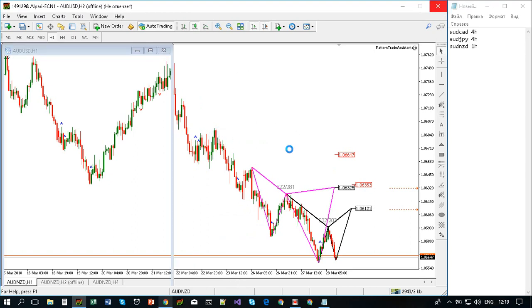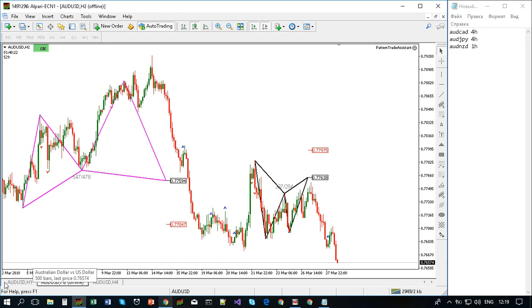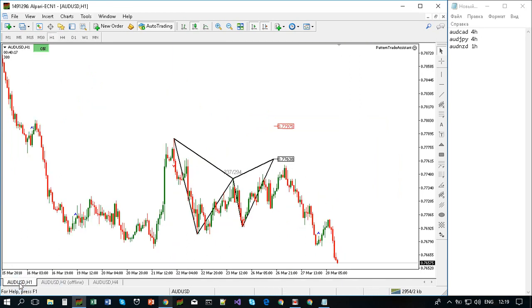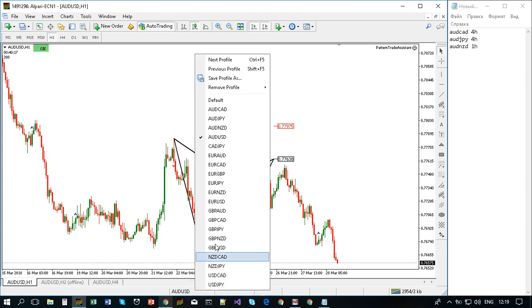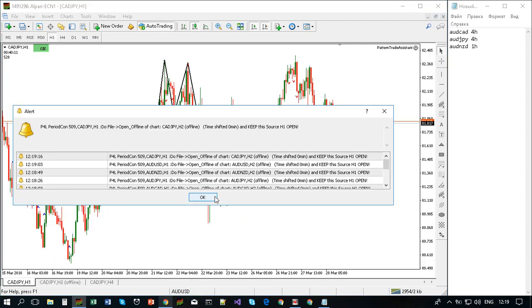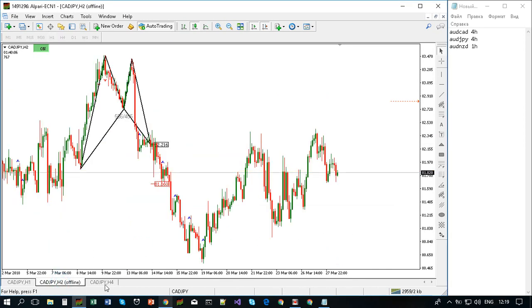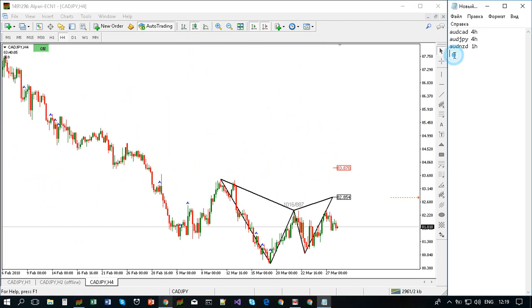So you see pretty many pairs, and they are analyzed very, very fast. AUD USD didn't trigger. It happens sometimes. The reversal zone that is drawn by the software is so powerful that the movement starts a bit earlier.